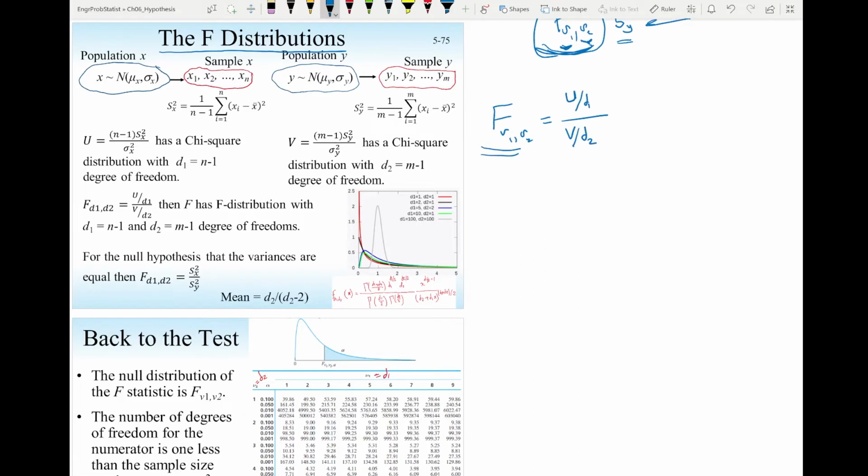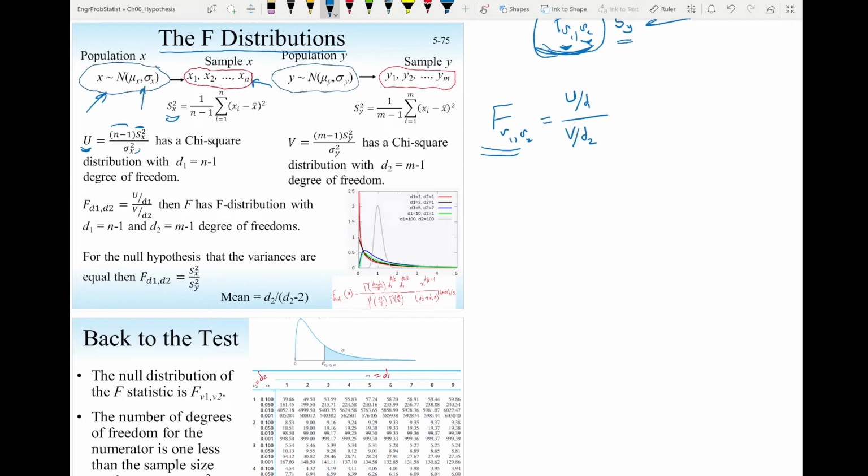In the previous slide, we showed that if we have a population of normal distribution and we take a sample, then we can calculate the sample variance. Now we created a new random variable U that equals the sample variance times the degree of freedom, n minus 1, divided by sigma squared, where sigma for our null hypothesis will be set to a fixed value that we compare the variance of the population to.